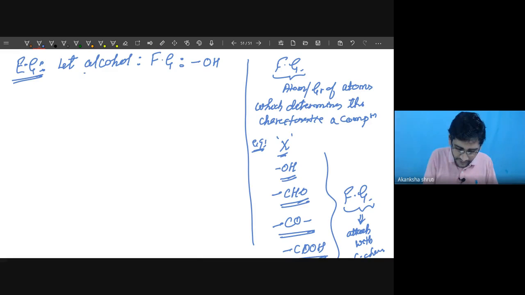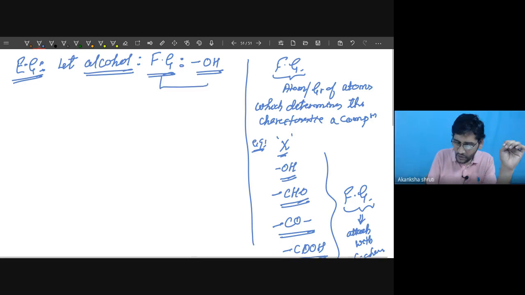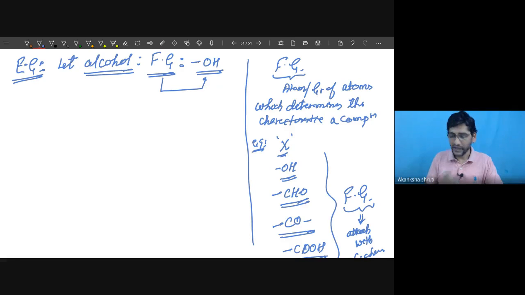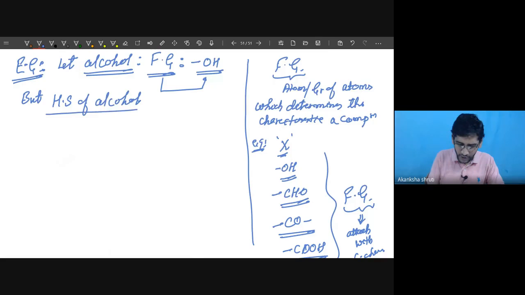Student, if I am talking about alcohol, what is alcohol? The deciding atom or group of atoms is our OH only. But what is the functional group? The answer is OH. But if it is asked to write down the homologous series of alcohol, then the homologous series doesn't mean only OH.